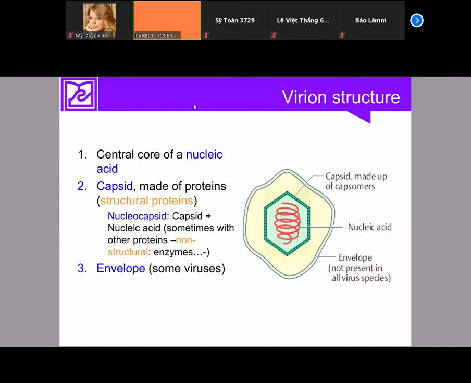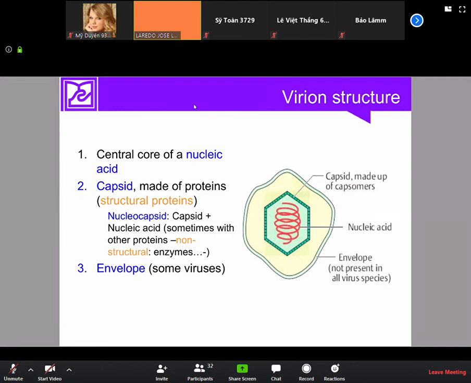Okay, so we are going to study the shape, the structure of this virion, the structure of the viral particle. The virion. And we are going to mention three parts of the virion. The most important is the nucleic acid.